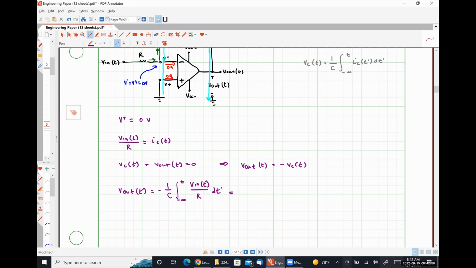And since our resistance is a constant value, we can move it outside of our integration, giving us negative 1 over RC times the integral from negative infinity to T of Vn of T prime dt prime. So the output of this signal is a scaled version of the integral of the input signal.